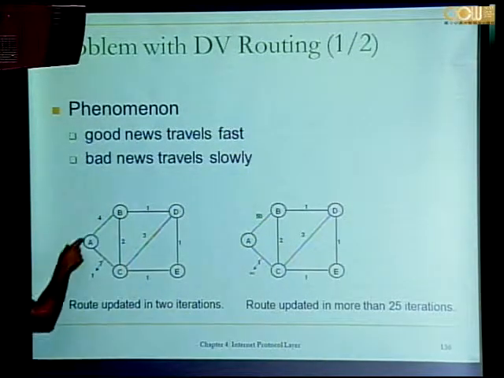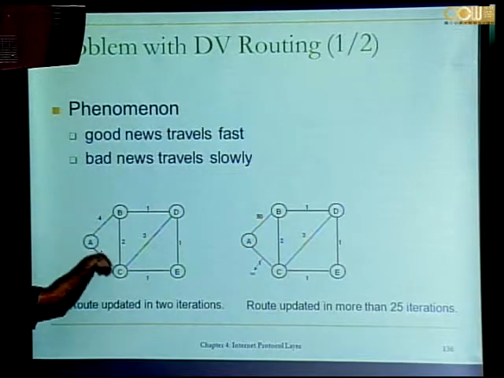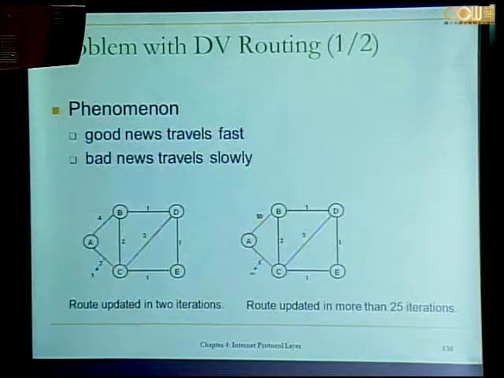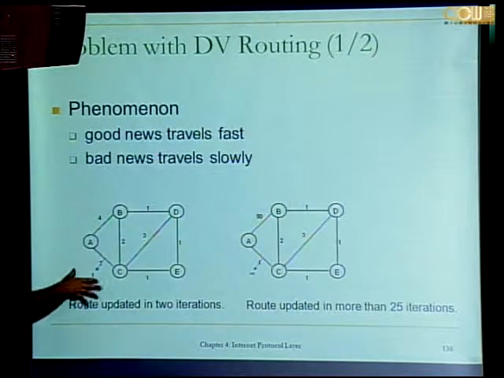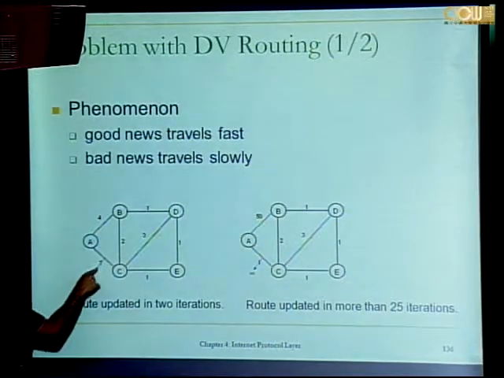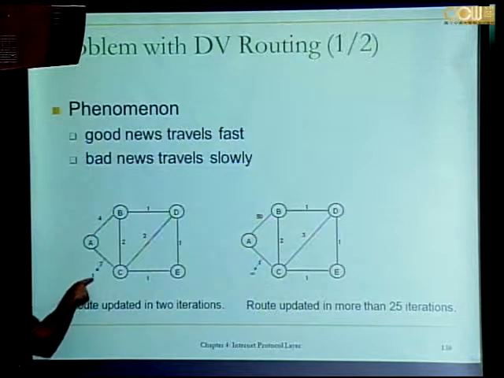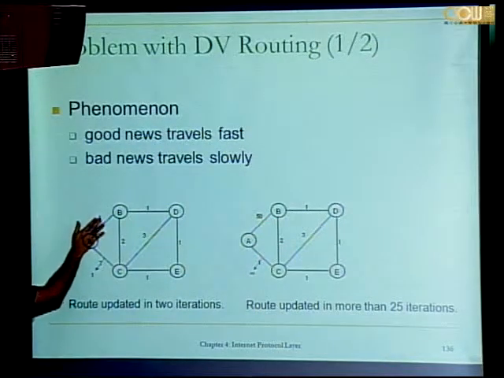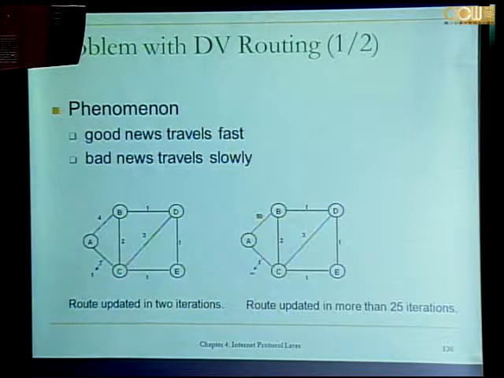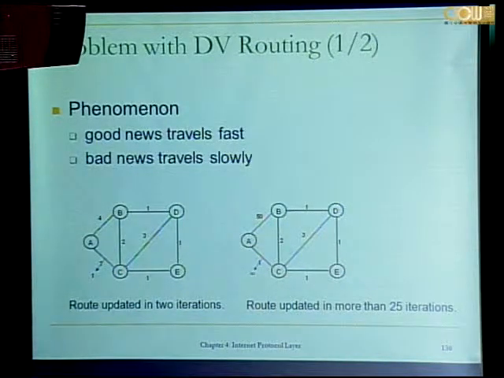Remember, to reach B, we thought we can reach C. We can go through C to reach B. That's good news, travels fast. So for example, it was 7. If I change the link cost to become smaller, to 1, then I will switch from B to C. So I will switch quickly. The route update will be done in 2 iterations.